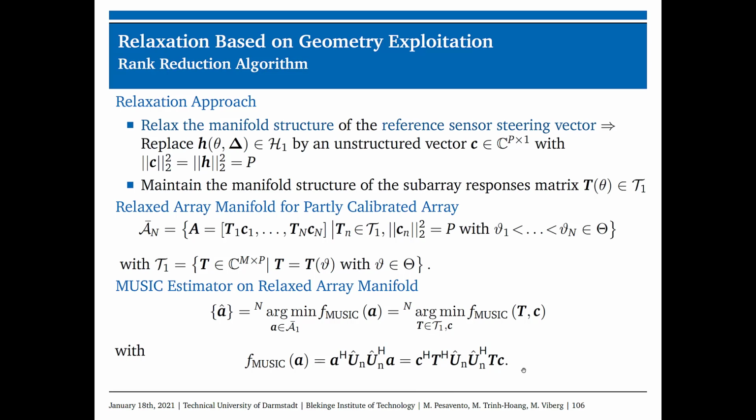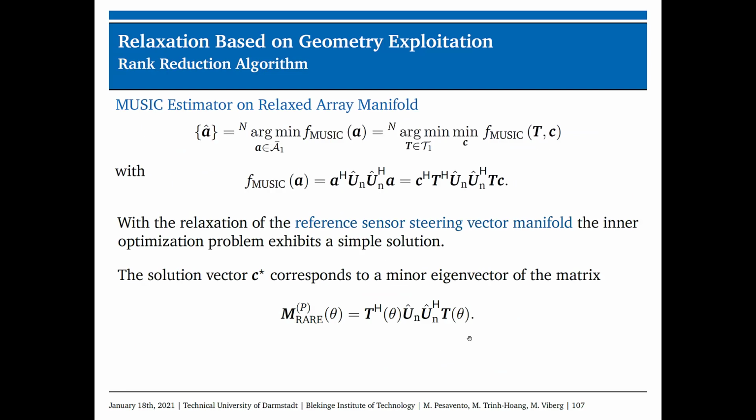So we minimize with respect to T and C. The advantage of the relaxation is that it separates the minimization with respect to C from the minimization with respect to T. In other words, we can first minimize with respect to C as an inner optimization problem and then find the n deepest minima with respect to the structured manifold matrix T. The inner optimization problem can be solved in closed form.